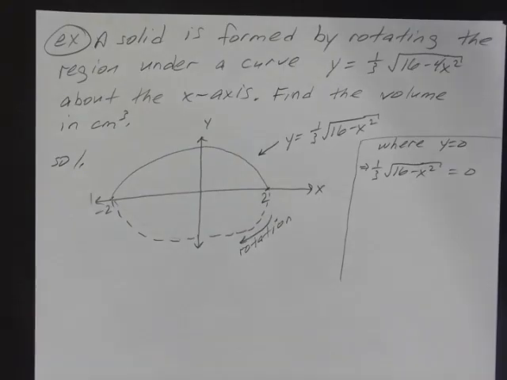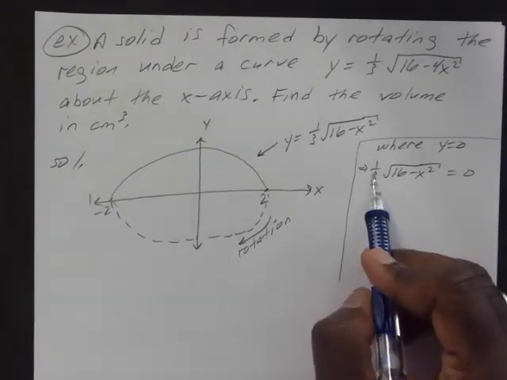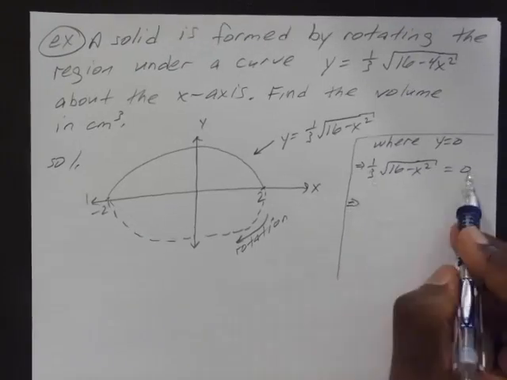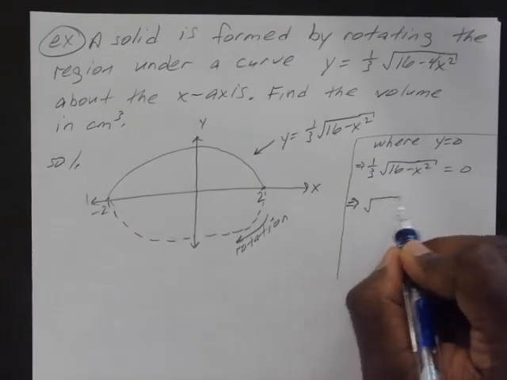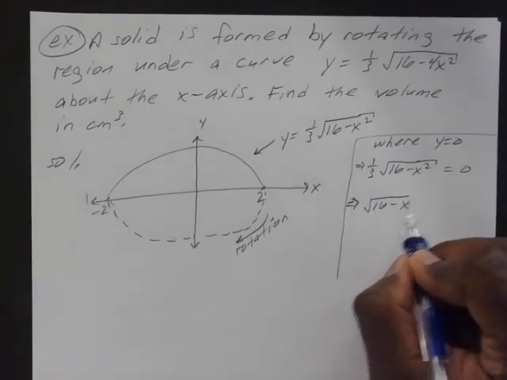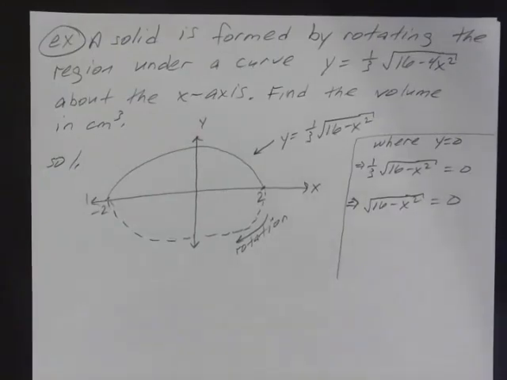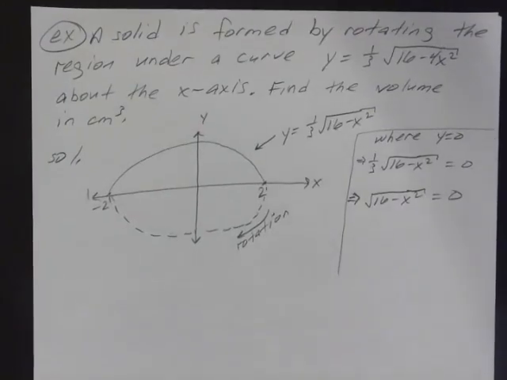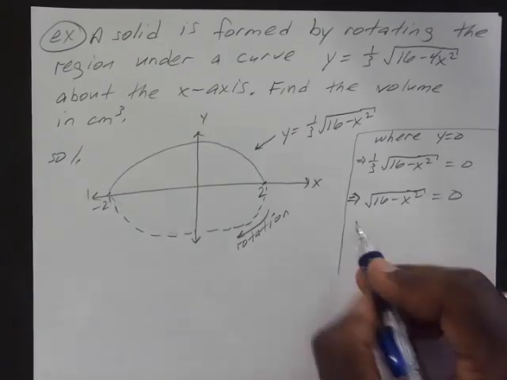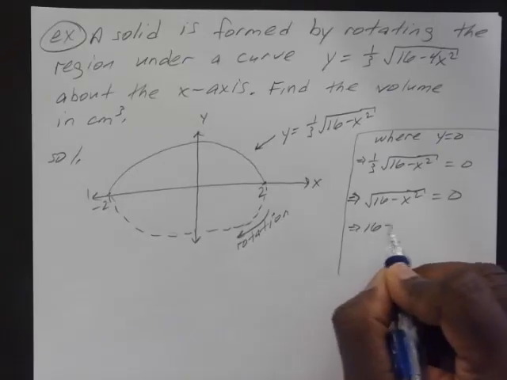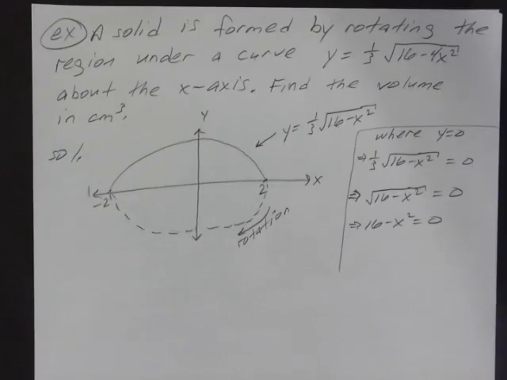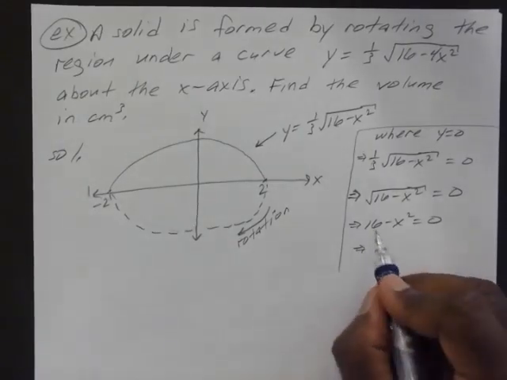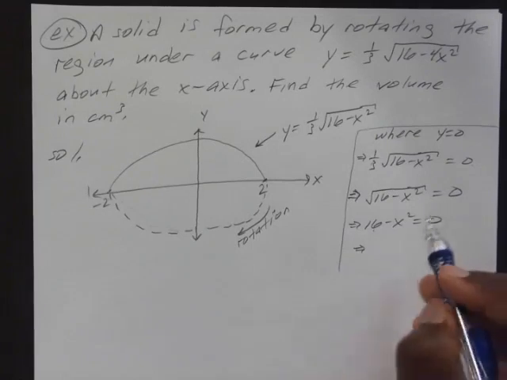If we multiply both sides by 3, the 1/3 cancels out and becomes 1, and 3 times 0 is still just 0. That means the square root of 16 minus 4x squared is equal to 0. If we square both sides, we still end up with 16 minus 4x squared equal to 0.